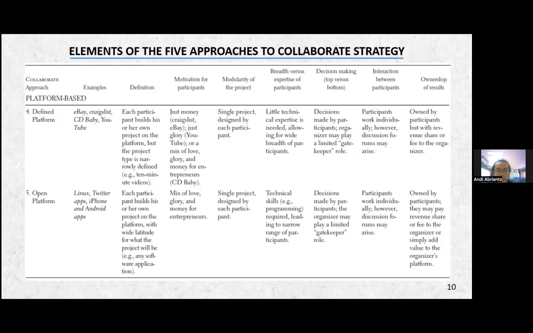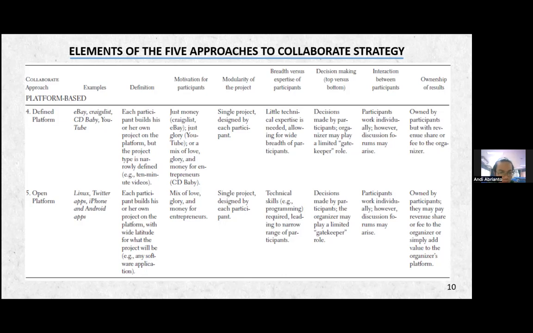In defined platforms, the motivation for participants may be primarily based on money, and modularity is not an issue for collaboration in platforms, as participants design their own projects and complete them in their entirety.